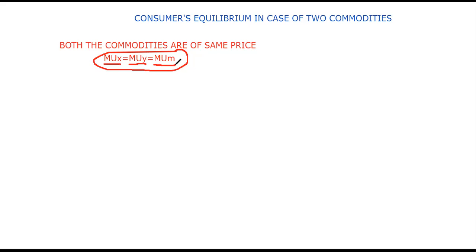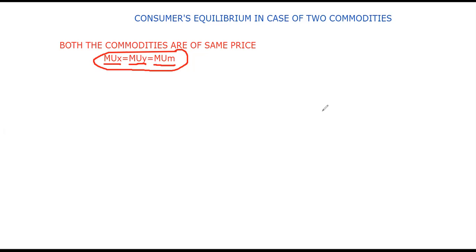So he will be in an equilibrium point when marginal utility derived from commodity X equals marginal utility derived from commodity Y, which equals marginal utility in terms of money.